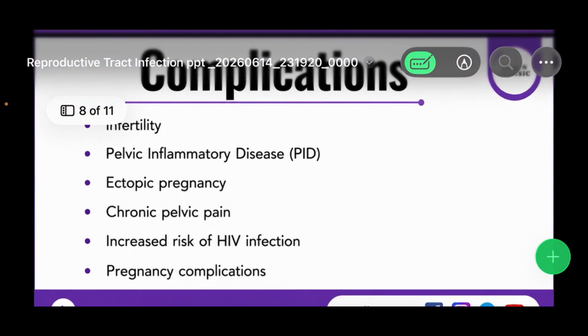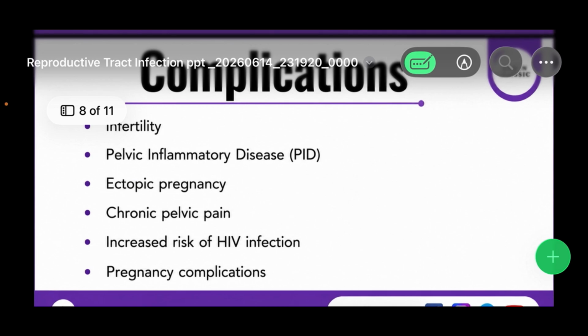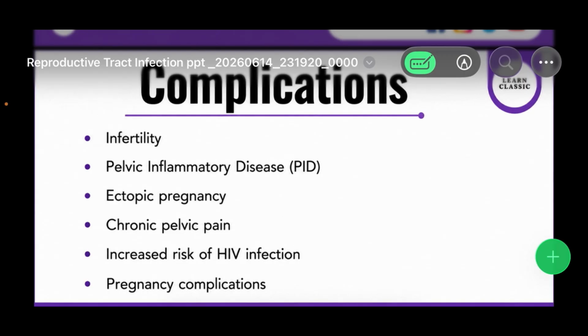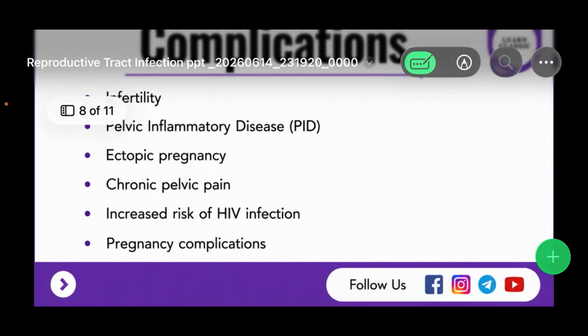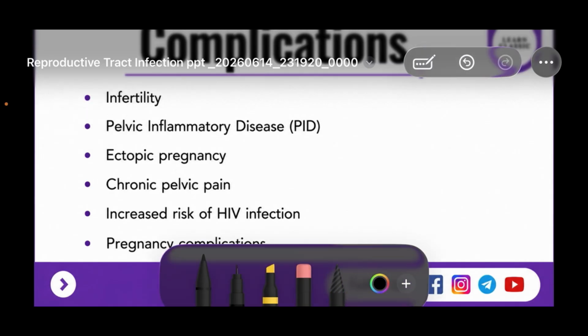Now complications: what complications it can lead to if not taken proper care, meaning if at the beginning the screening and detection is not done, then it can result in complications like infertility, pelvic inflammatory disease, that is PID, ectopic pregnancy, chronic pelvic pain, increased risk of HIV infection and pregnancy complications.